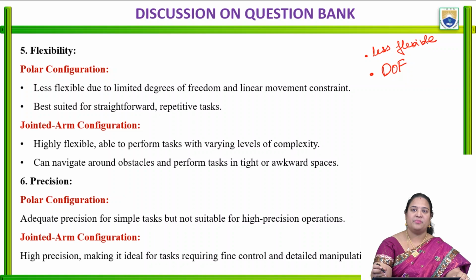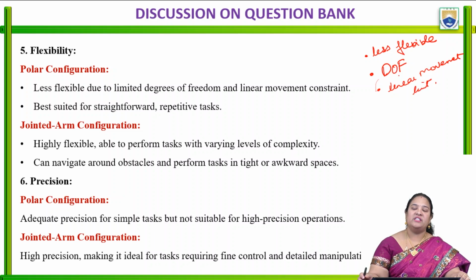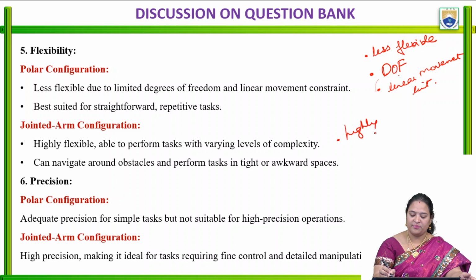It also has a linear movement limit or constraint. The polar configuration is less flexible, has limited degrees of freedom, and has a constraint on linear movement, whereas the jointed arm is highly flexible.